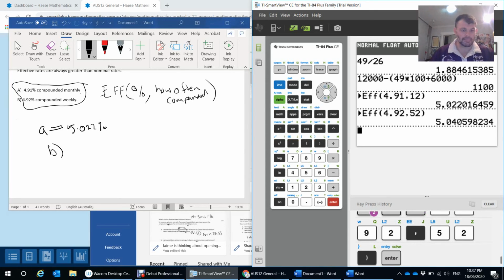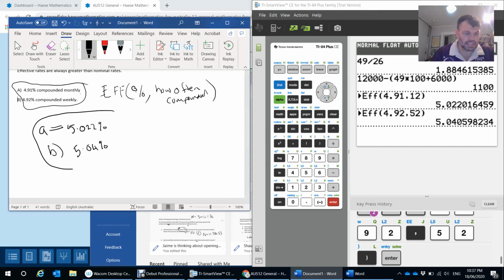And for part B, we get 5.04%. So we can see that when we're comparing these together, part B is going to be the better option.